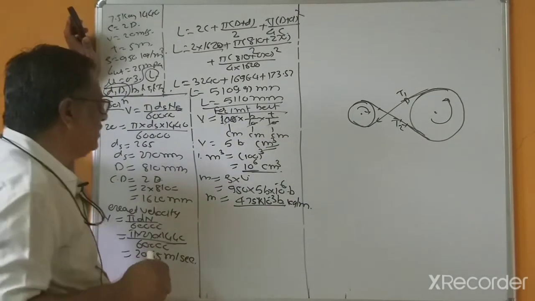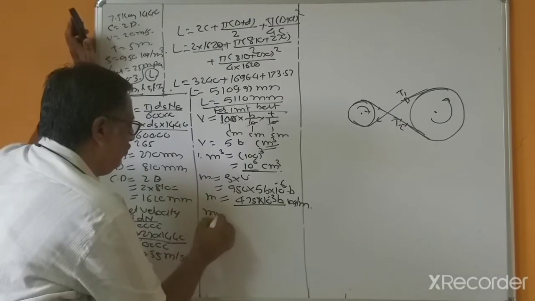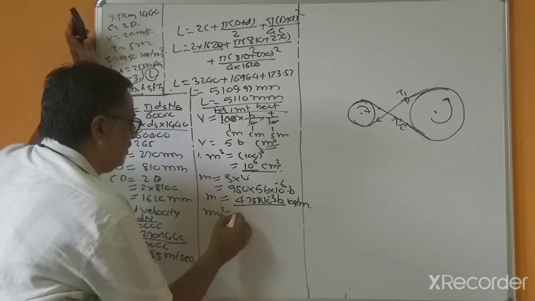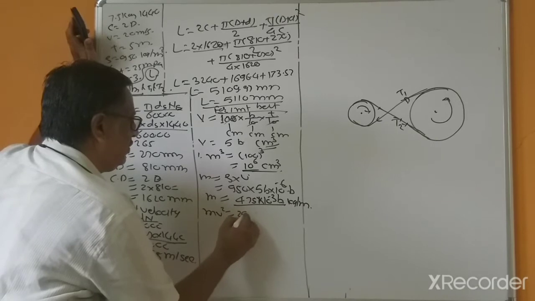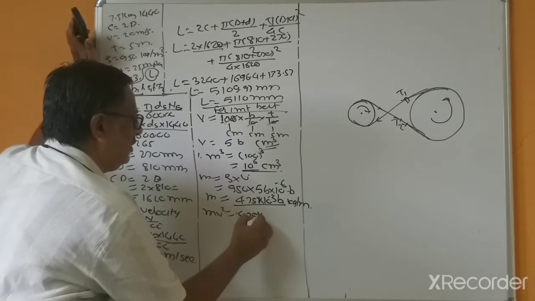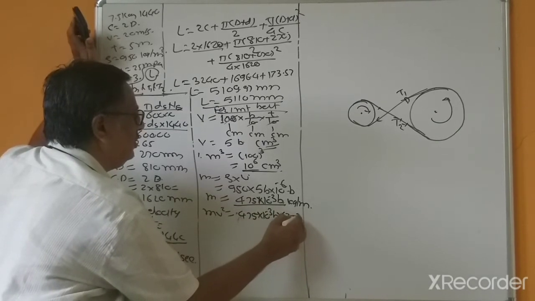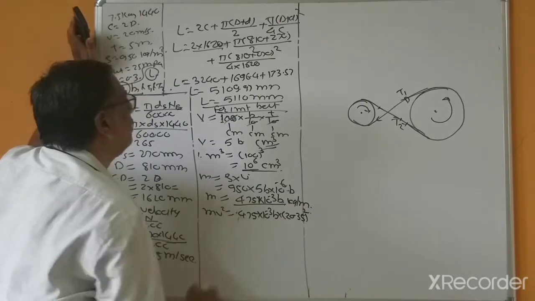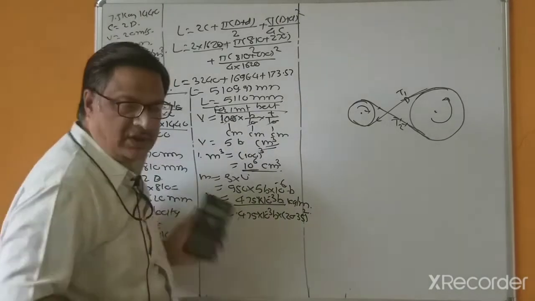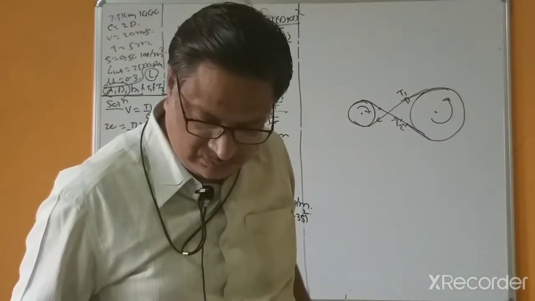Try to understand this. Now mv square equal to 4.75 into 10 to the power minus 3, 20.35. Alright, this is 20.35.